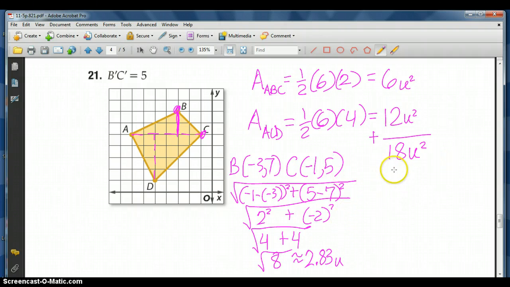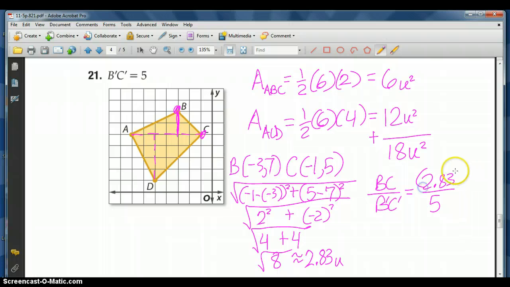So my scale factor of BC to B prime C prime would be 2.83 to 5. But we want to find area, so we want to square this.